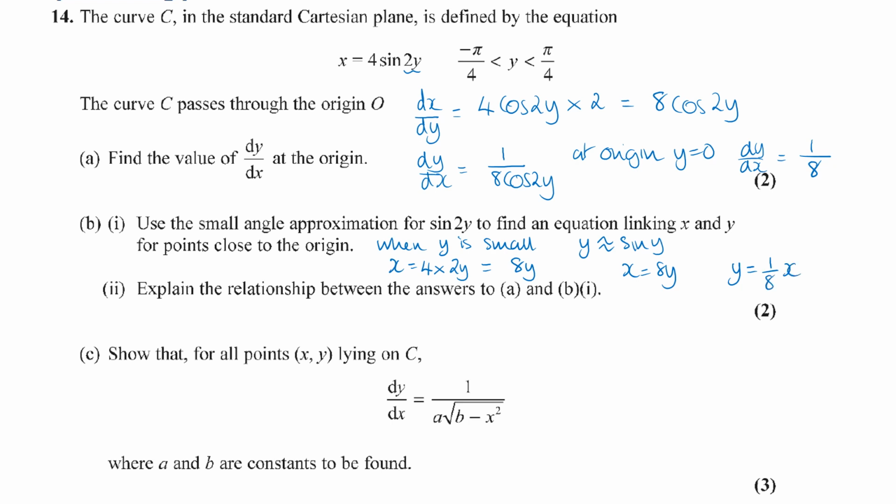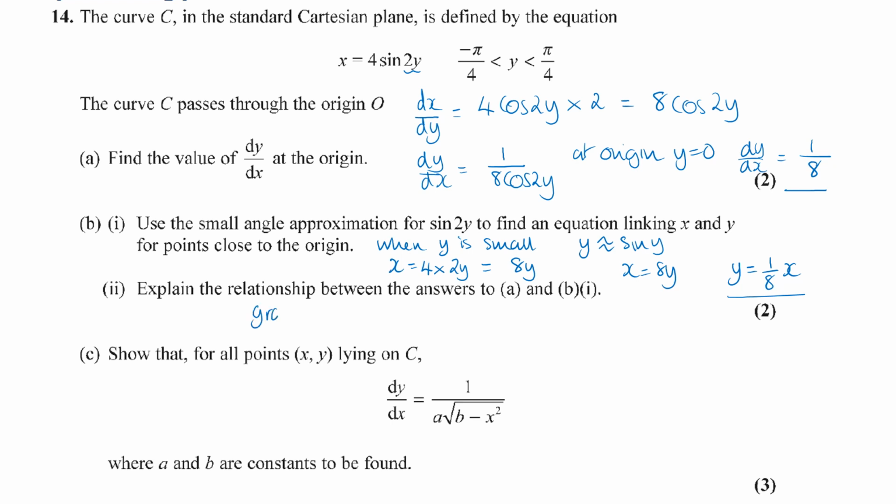Because in part 2 we're explaining the relationship between the two answers we've got so far. dy by dx at the origin was 1/8, so that's the gradient at the origin, and now we've got when y is small, the actual equation of the curve is 1/8 x.